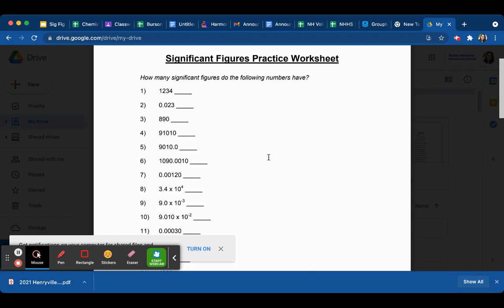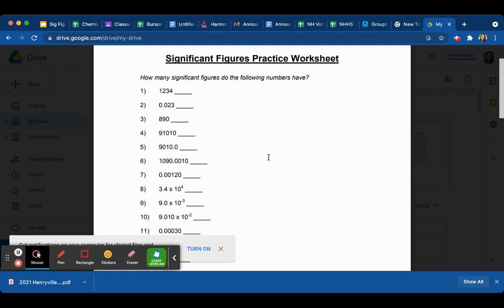Also 2. It just depends: however many are in the coefficient, that's your number of sig figs. In number 10, how many? 4. What about number 11? 2. Leading zeros don't count.